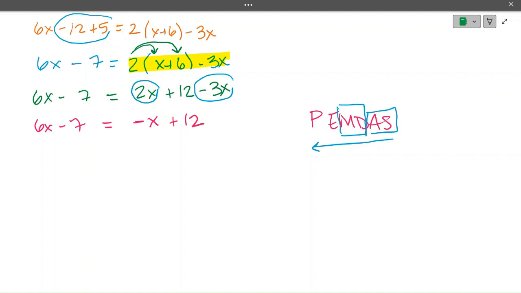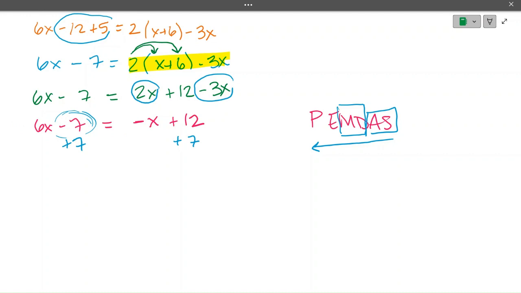So I am noticing that I have something that's being added or subtracted on this side. That's negative 7. I'm going to move it to the other side. So remember, my goal is to get all the x's on one side and all the non-x's on the other. So to that end, I'm adding 7 to both sides because my goal right now is I want to get 6x by itself so I can start getting the x's on the left side.